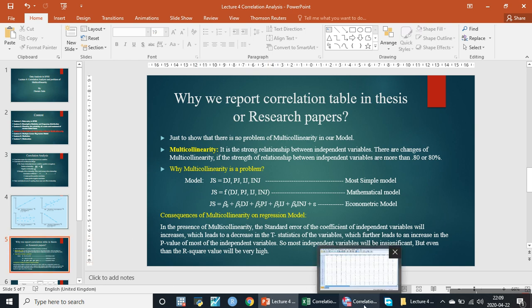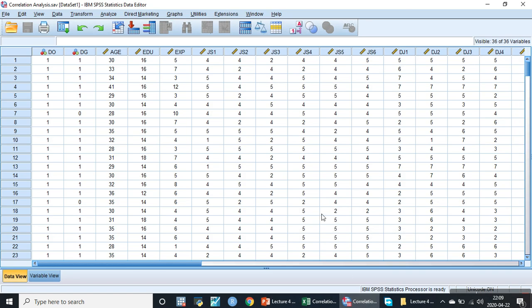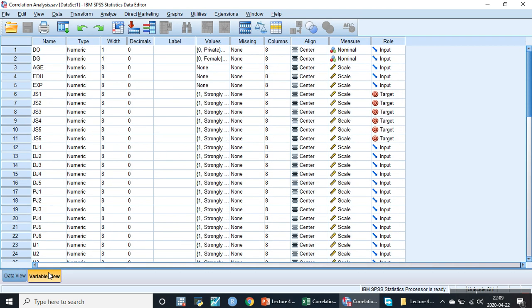Now the last step that we are going to practice is on the SPSS file. This is the SPSS file which we developed in lecture number 1, and we have entered its data in the SPSS.